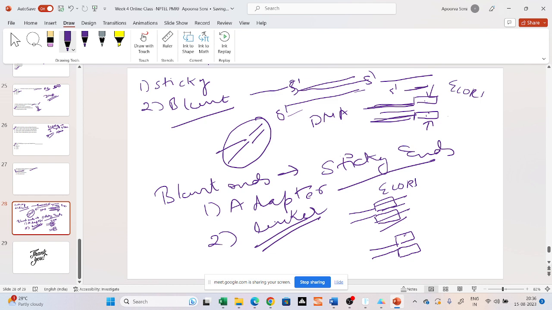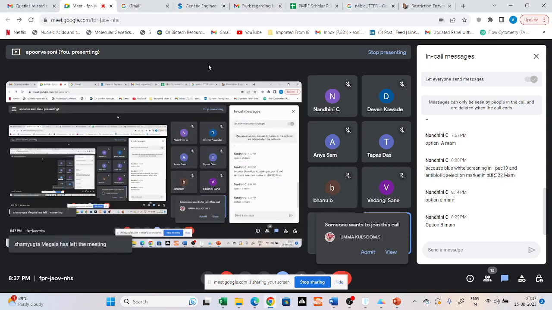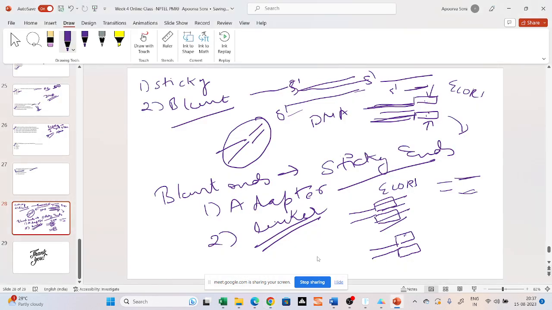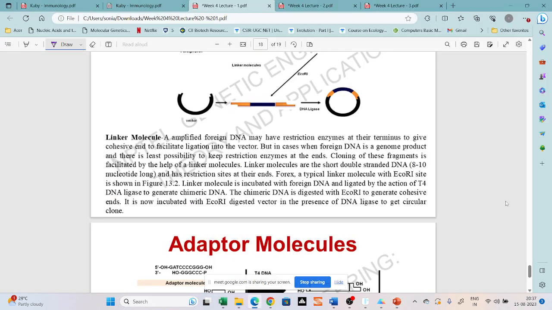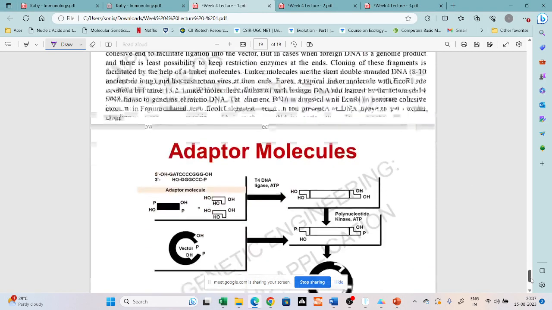So the next strategy that is used is that you ligate certain molecules that already have the cohesive ends, that already have the sticky ends. That means there is no external digestion needed. They are already digested and they already have sticky ends. Those molecules that already have sticky ends are known as adapter molecules.